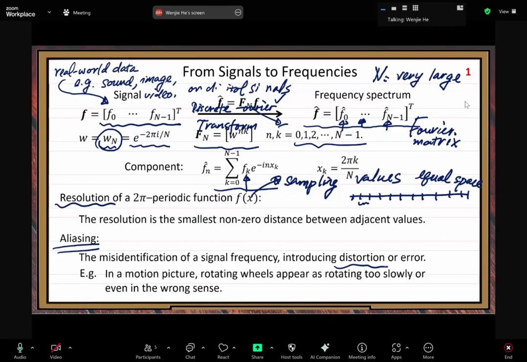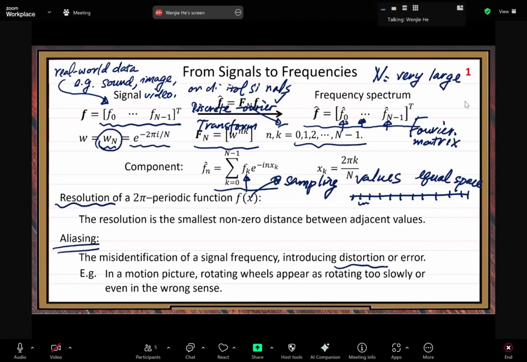Usually 30 frames each second, or 24 frames typically. 24 frames per second is the smallest in a video. But if the rate is smaller than that, then you can see a lot of aliasing problems, something distorted.